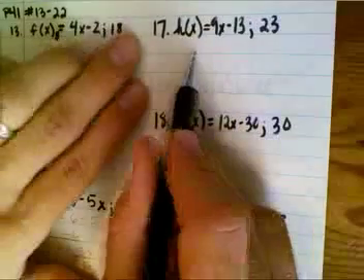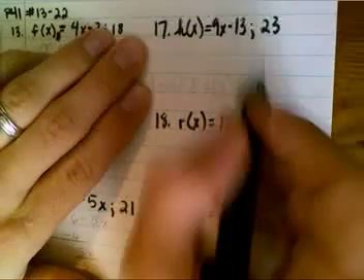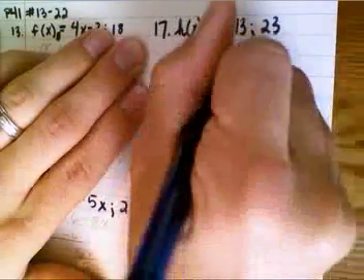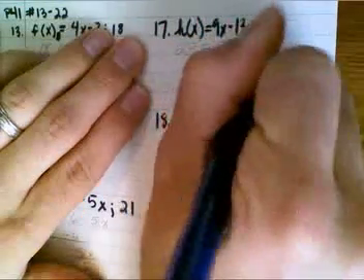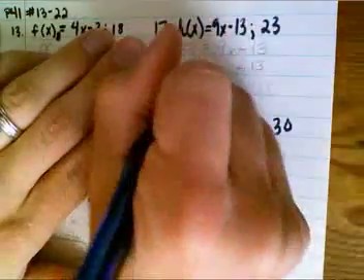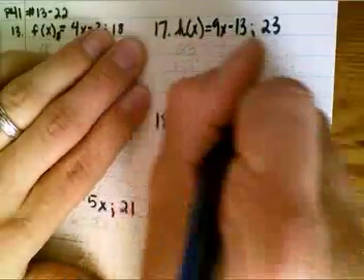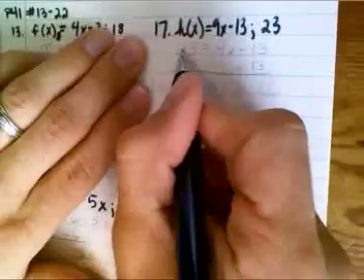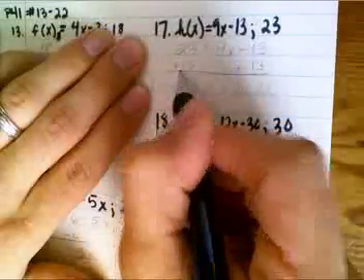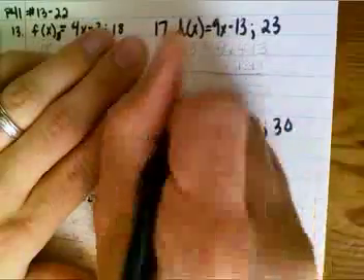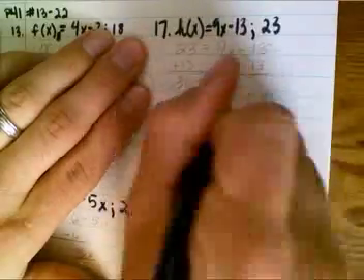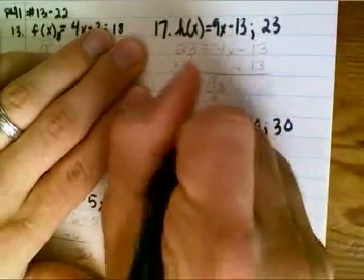So 17, same kind of thing. We're going to take the 23, substitute it in for h. I'm going to add 13. 23 plus 13. 20 plus 10 is 30. So this looks like 36. And then I'm going to divide by 9 on both sides.